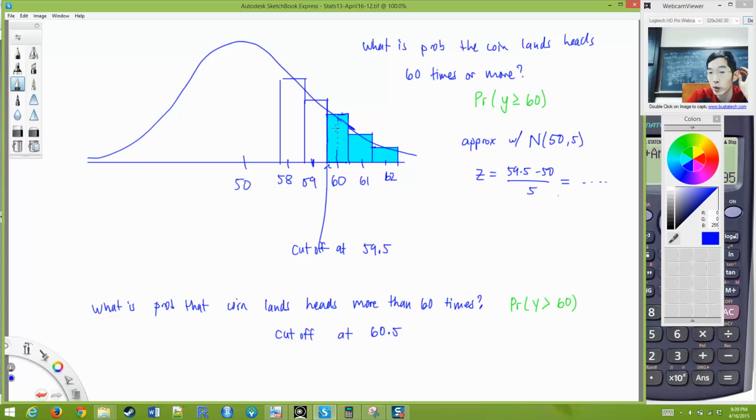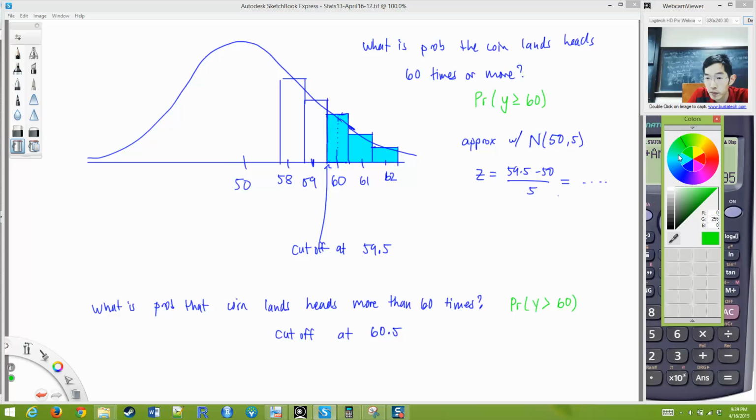And we want to include the entirety of that bar, so my cutoff is at 59.5. If I wanted only to go for a y greater than 60, I wouldn't include this, and so I would maybe shade a different color.